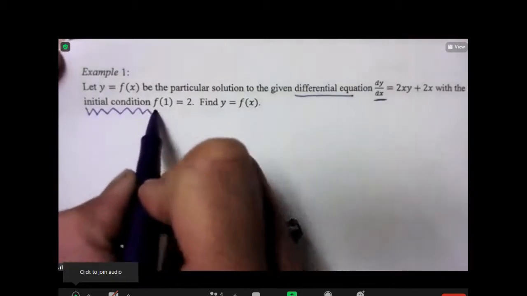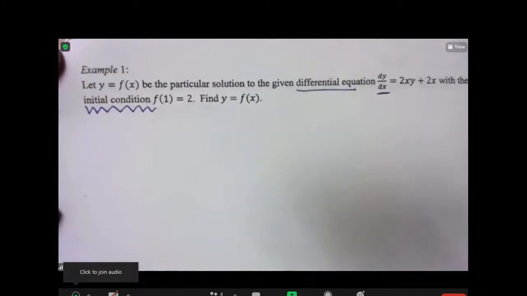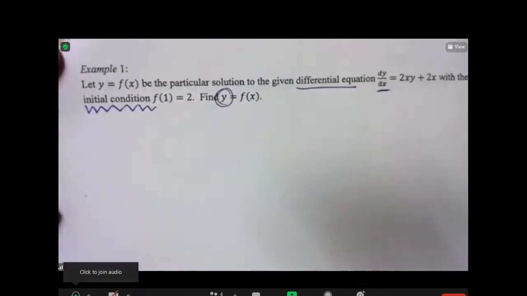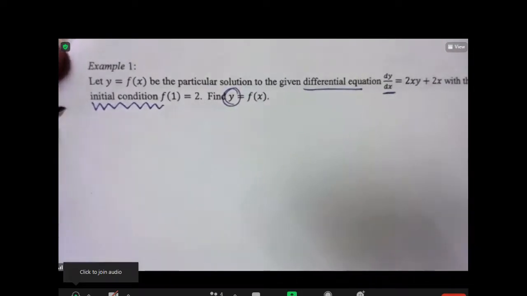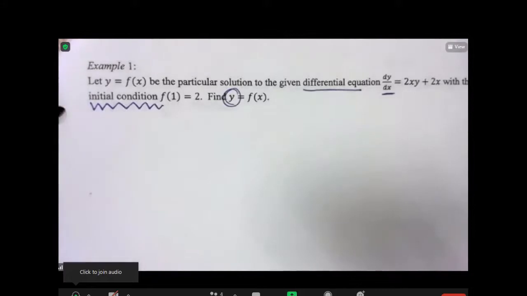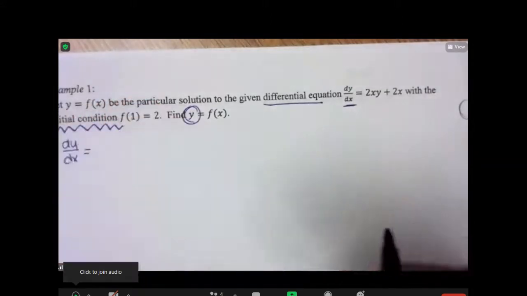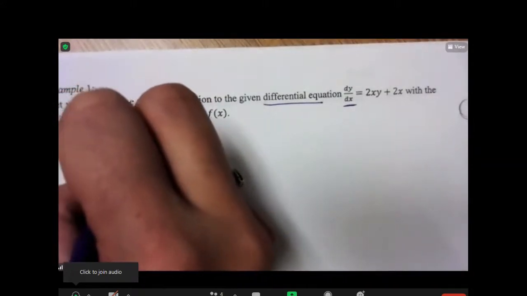Initial conditions, those are going to take the place of your C, and you want to find y equals. So in order to find y equals, we have to separate apart our variables. So we're going to get dy dx so that the y's are on the left and the x's are on the right.